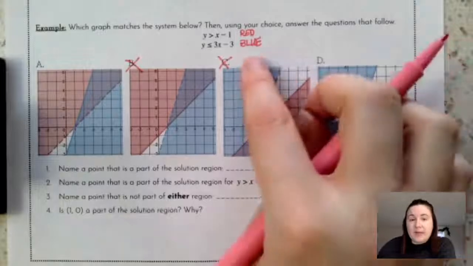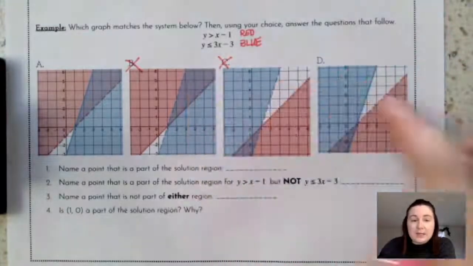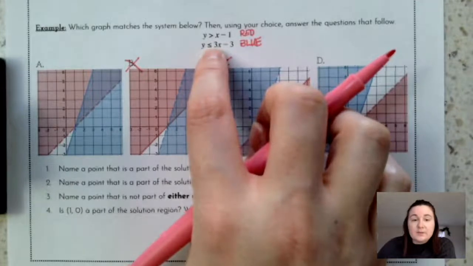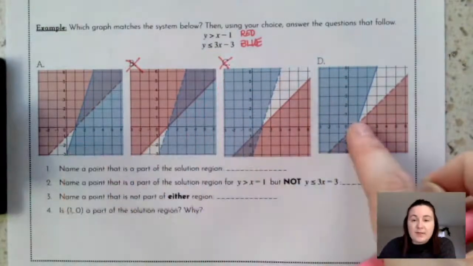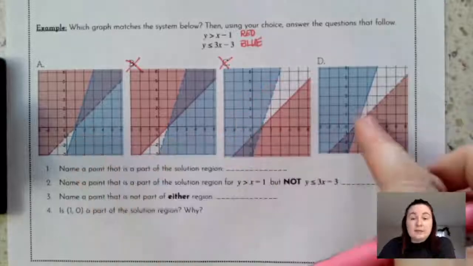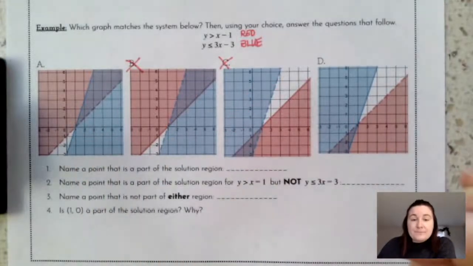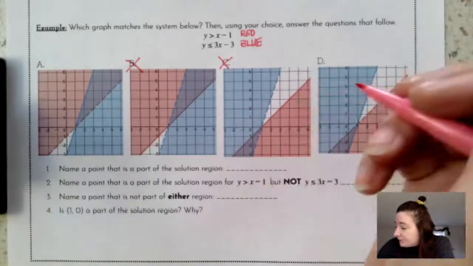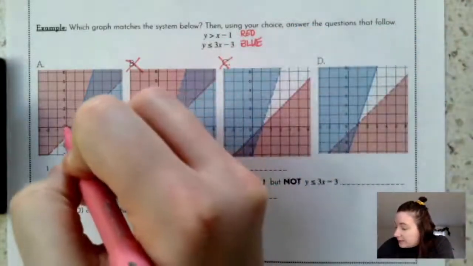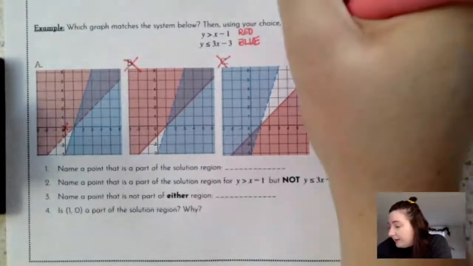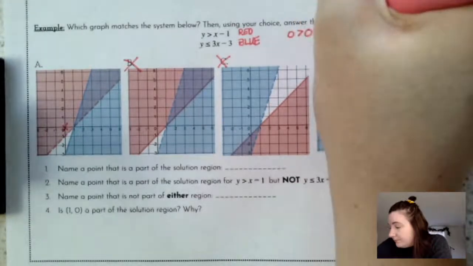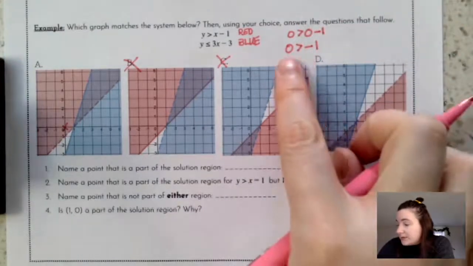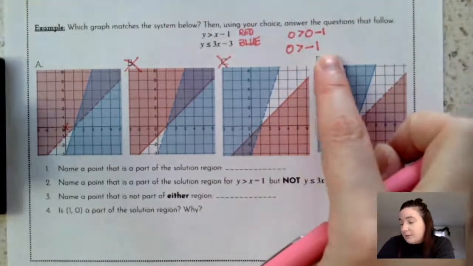Now I'm going to check the blue line, to see if that's going to help me. This one is supposed to be solid, and for this and this, they're both solid. So that didn't really help me. So I need to pick one of them and plug in a point. I'm going to plug in 0, 0 for the red line. 0 minus 1 is -1, so this says 0 is greater than -1.